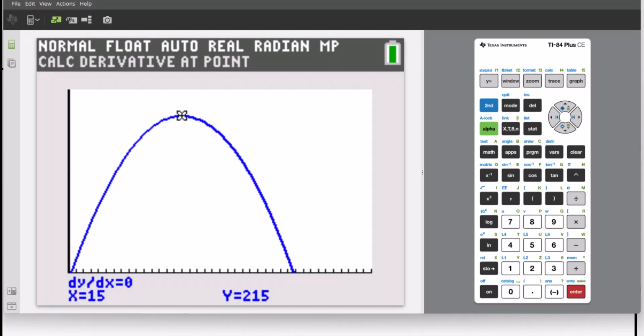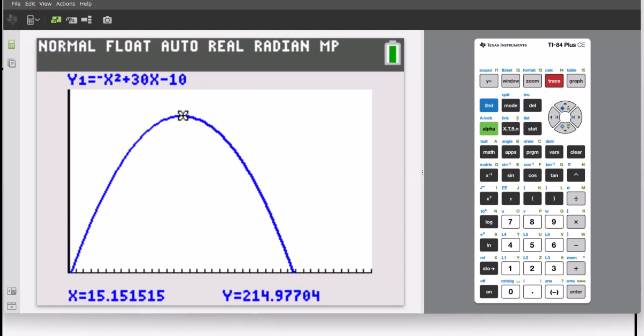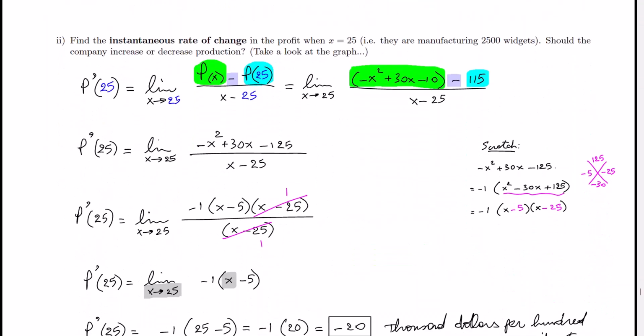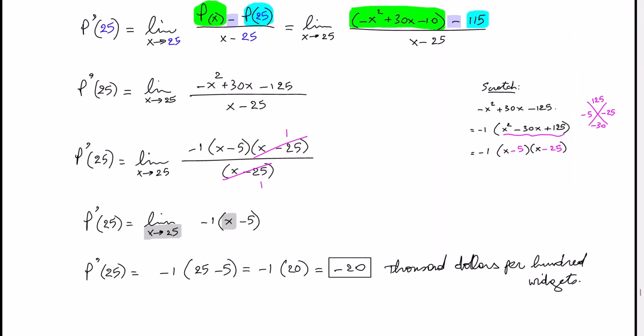So it seems like it's a better idea for the company to stop production or decrease it, because if they continue going on this curve, it's not good news for them. We're seeing that their slope is negative, so they're losing money, right? The graph is kind of going downhill from the vertex down.